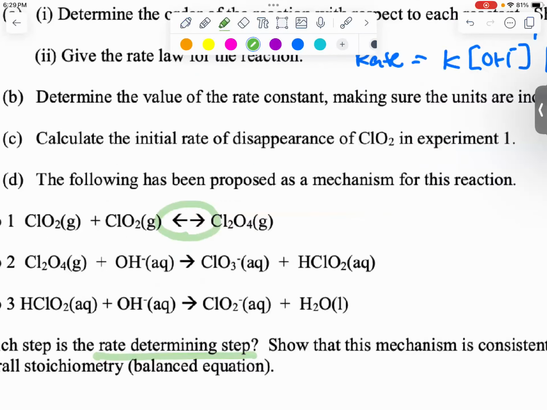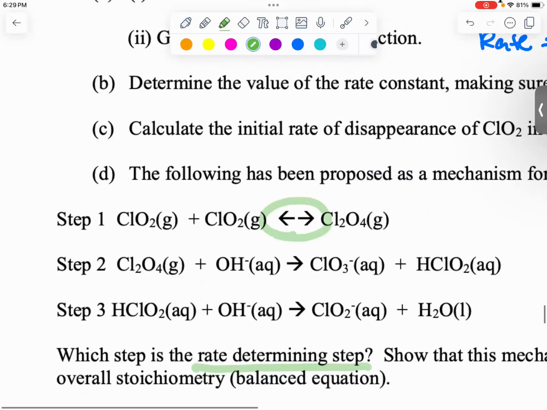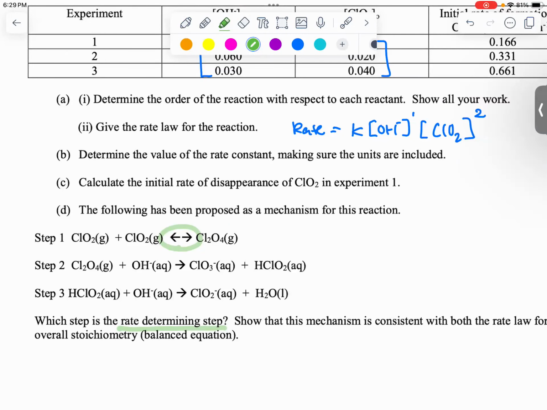Because in the first one, OH is a reactant, correct. And in the second one, ClO2 is not there. And in the third one, ClO2 is not there. So how would you figure it out? Now, I want to give you a pretty abbreviated way of explaining this. Now this is not technically correct, but for the sake of doing this calculation, I'm going to say it.